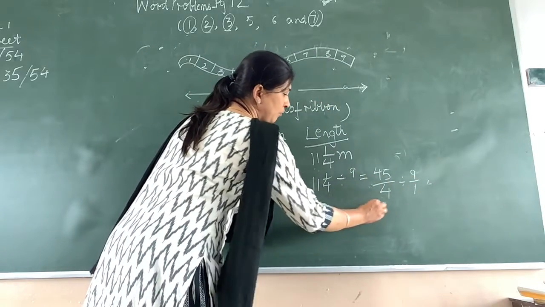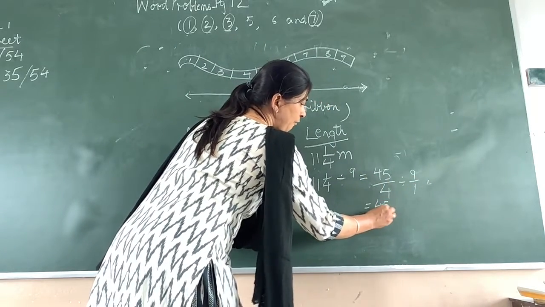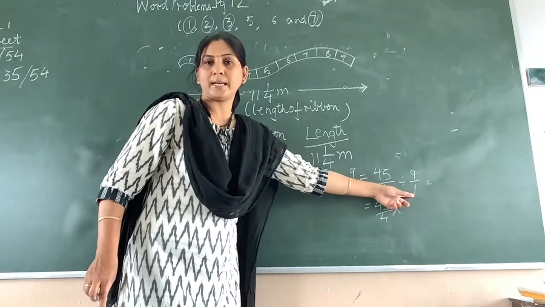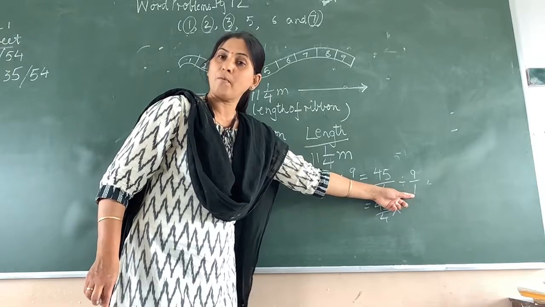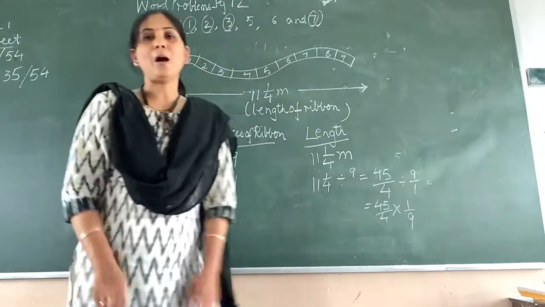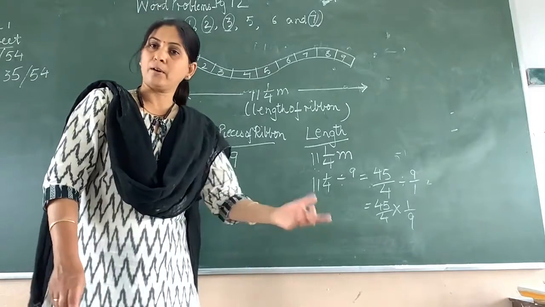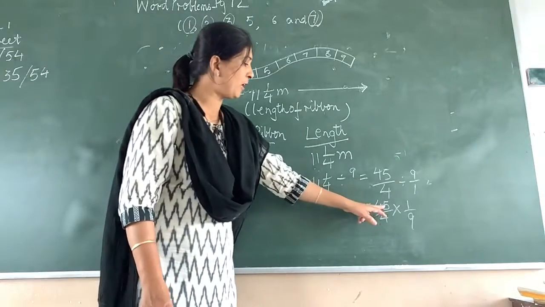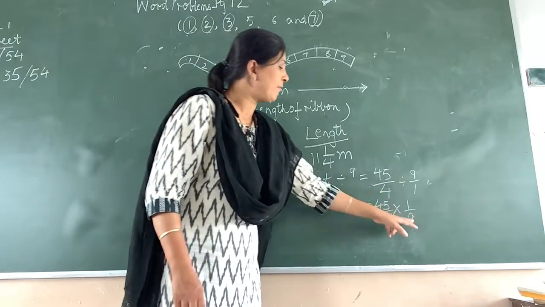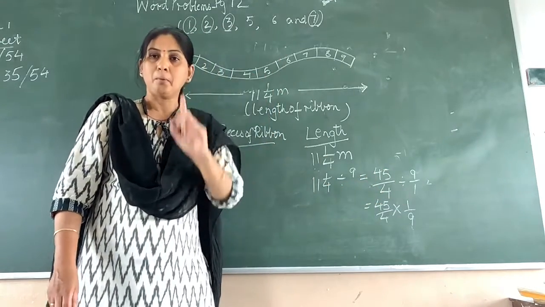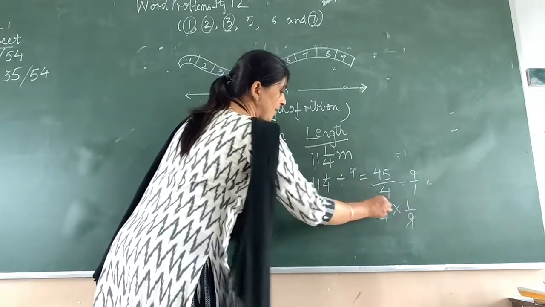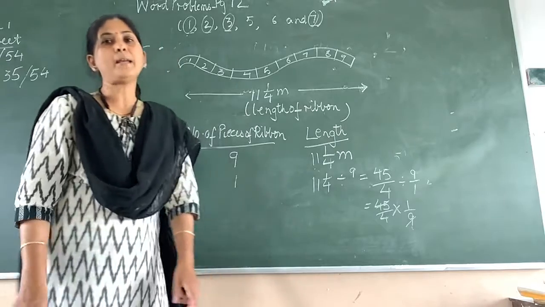Now, in step 2, we will multiply first fraction by the reciprocal of the second fraction. Reciprocal of 9 over 1 is 1 over 9. Now, children, we will find the common factor of numerator and denominator. Now, see 45 and 9. Just by looking at the fraction, I have come to know that 45 and 9 have common factor. Both of them are divisible by 9. So, let's divide 9 by 9 and 45 by 9.